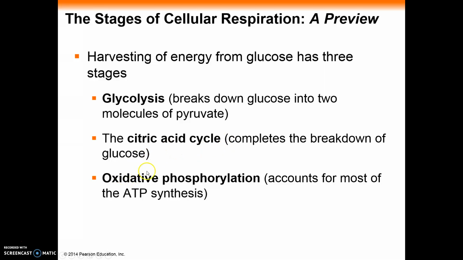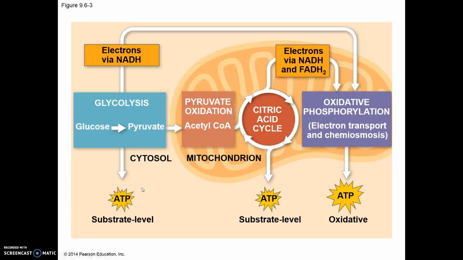And then there is a third step, which is what we call oxidative phosphorylation. And this is where we transfer electrons through a chain, ultimately leading to ATP synthesis. Now, as far as this chapter is concerned, this is the second most important diagram. If you understand this, you will be doing pretty good.